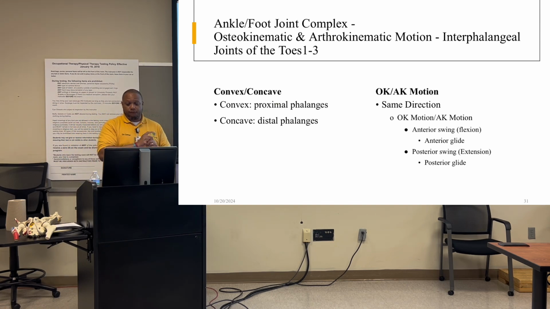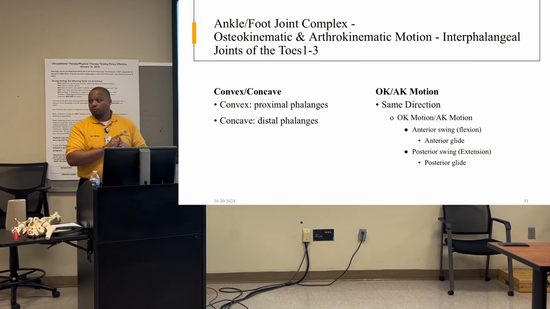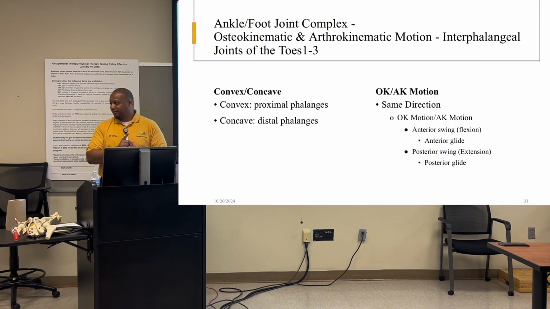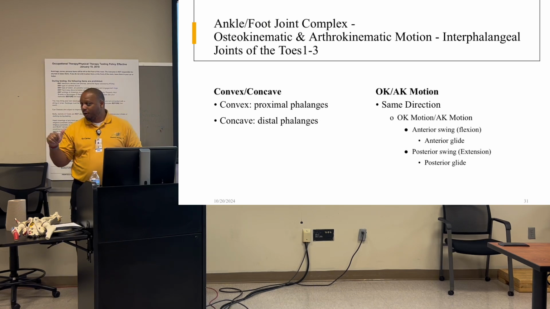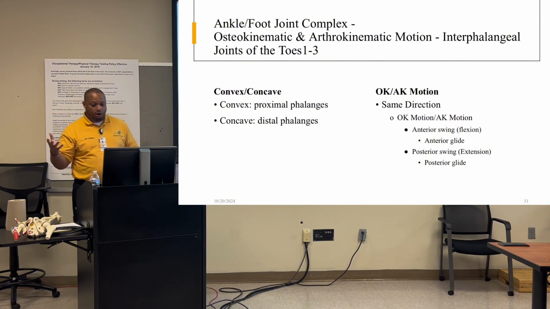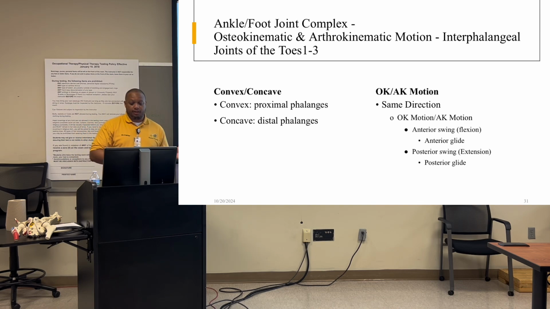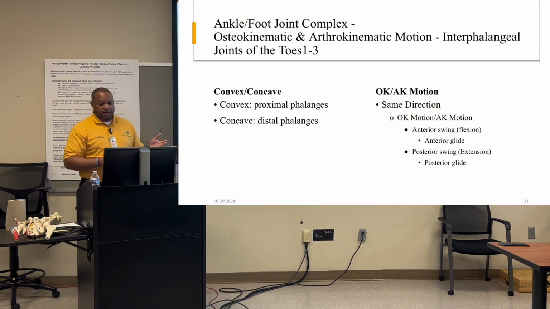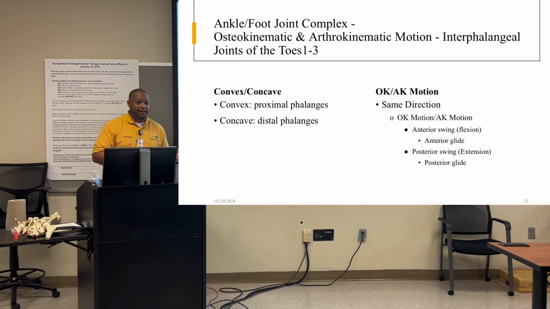Again, at the foot, flexion can be interchanged with what? A plantar glide. Plantar, this is at the foot. Now at the hand, it could be interchanged with palmar glide or palmar swing and roll. But at the foot, it can be interchanged with plantar. So I can say plantar swing and roll with a plantar glide.